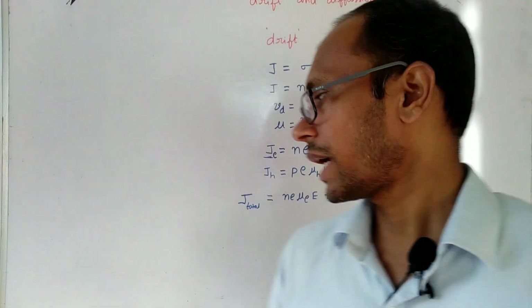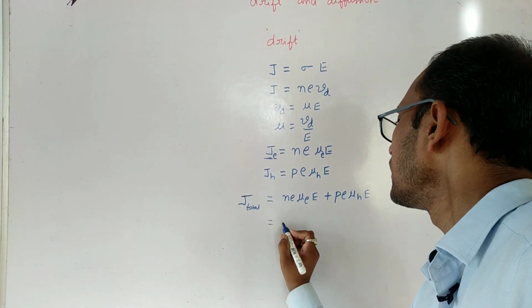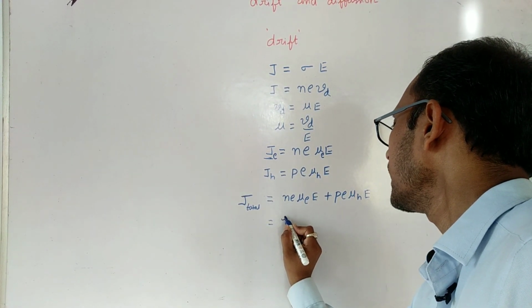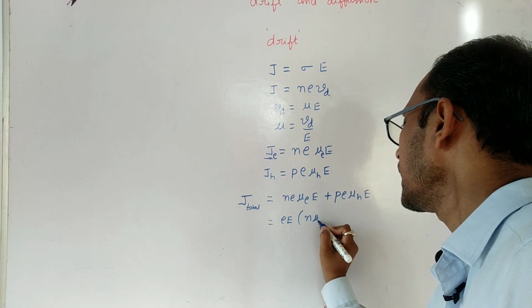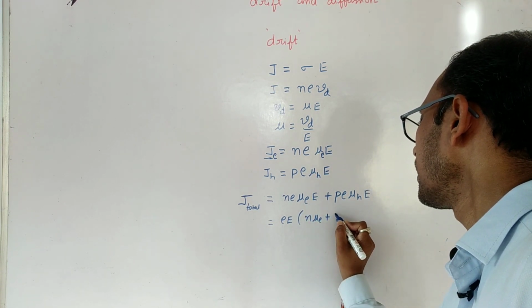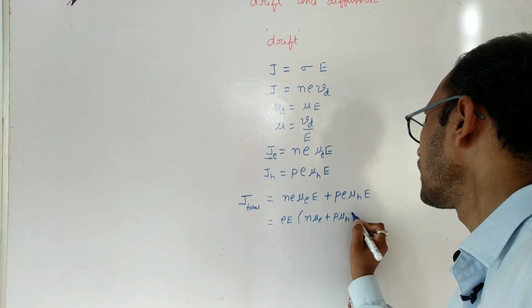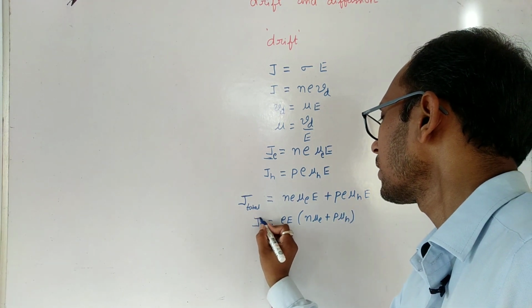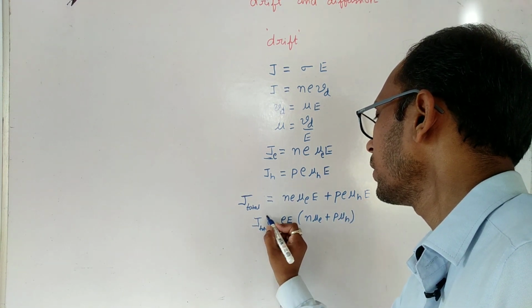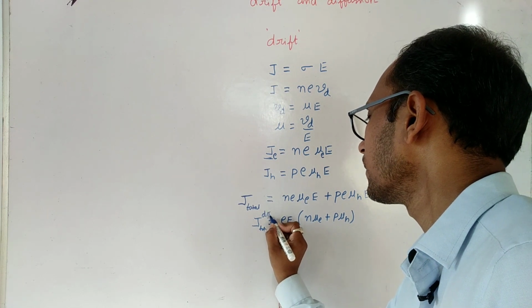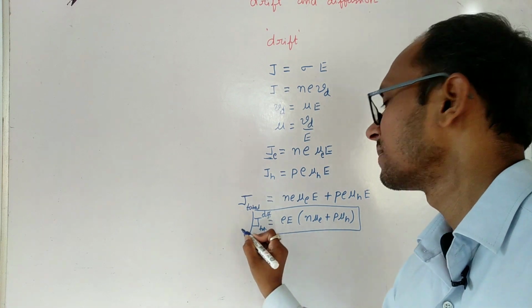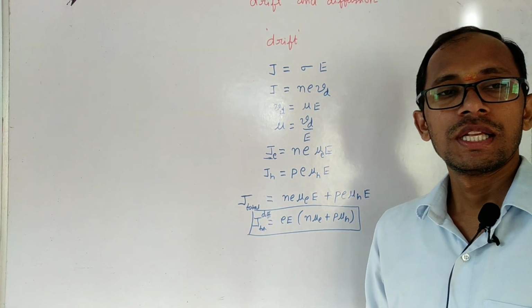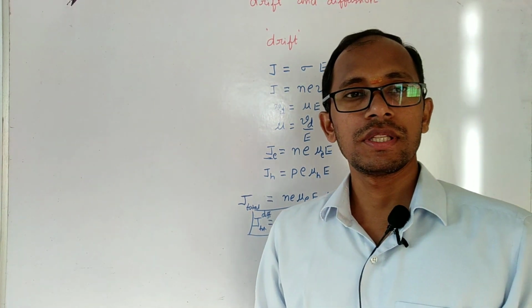If you take e and E common, then J is equal to e E times (n mu_e plus p mu_h). So this is the total drift current density.